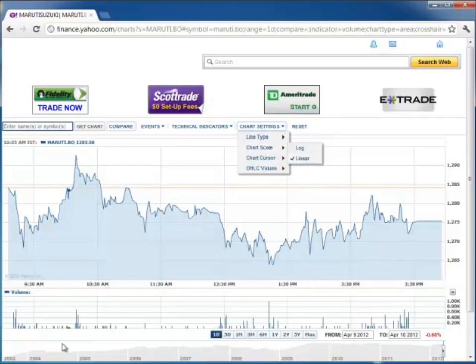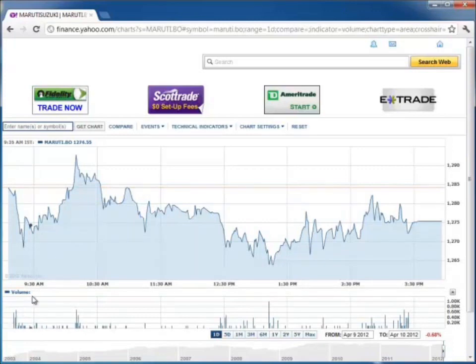Now, this graph down here represents the volume. So what we can see, as we mentioned, is that the volume is high right when the market opens and fairly high in the morning generally. A brief spike in the middle of the day, and again quite a lot of volume at the end of the day.